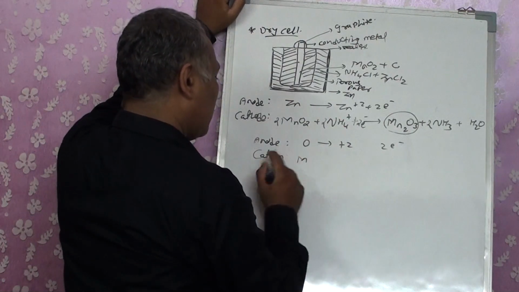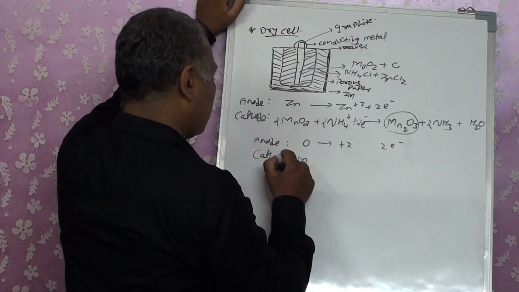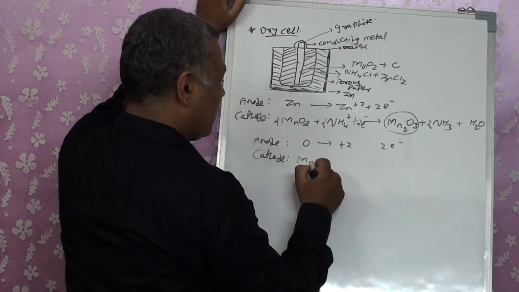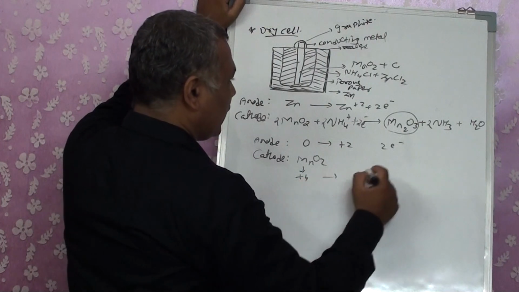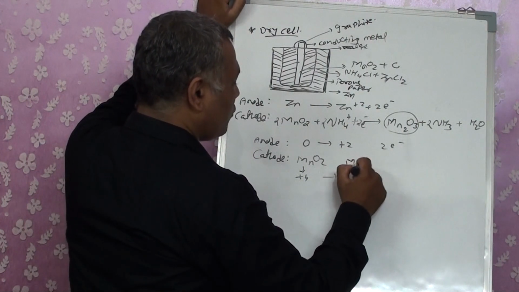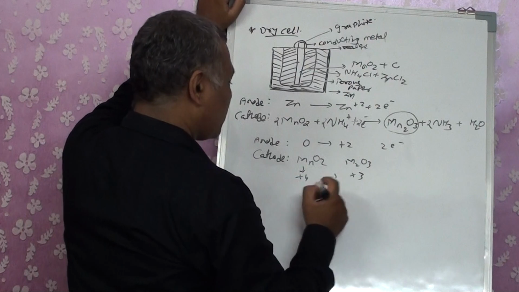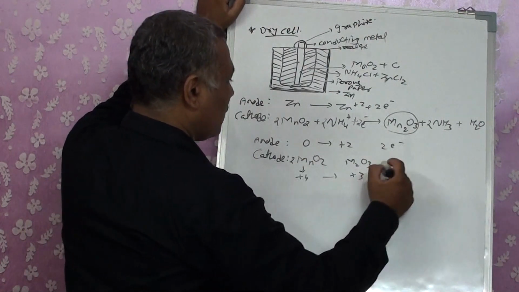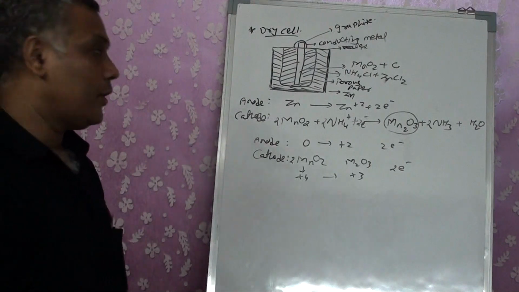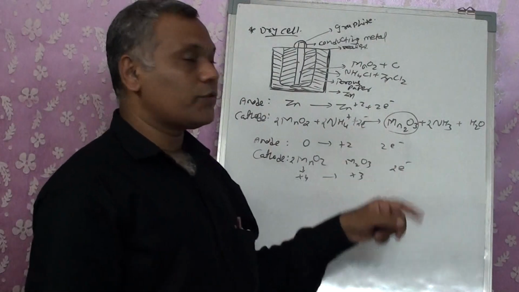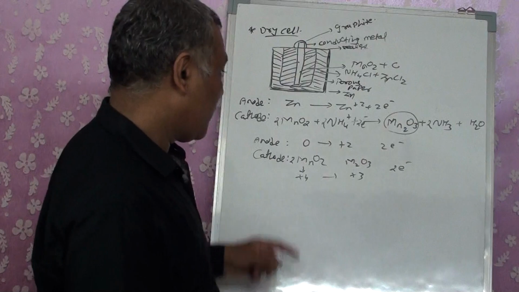Here on the cathode, MnO2, Mn was in +4, changed to Mn2O3, that is +3, and 2 Mn are there. So 2 electron transfers are there. Right? So during the reaction, 2 electron transfers are taking place.